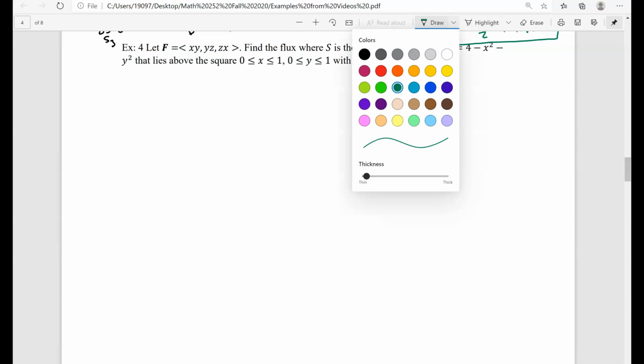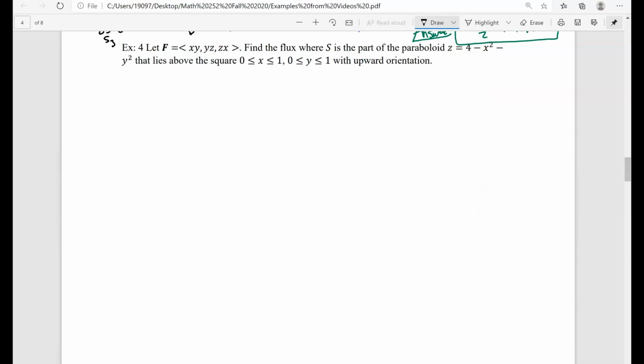So notice that we don't want all of the paraboloid, we only want a part of it. Graphing this, the paraboloid in this case is oriented in the z direction, which is nice. It's going up 4 units. Now we don't want all of it, because you can see that I want only a portion of the paraboloid.